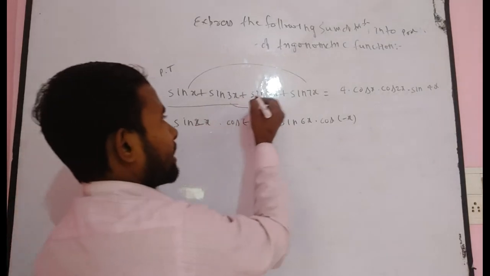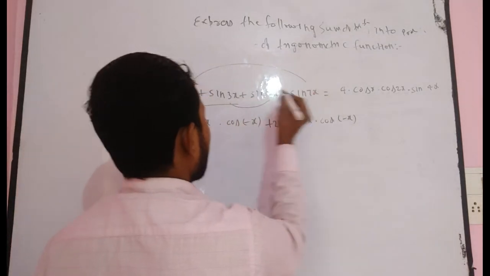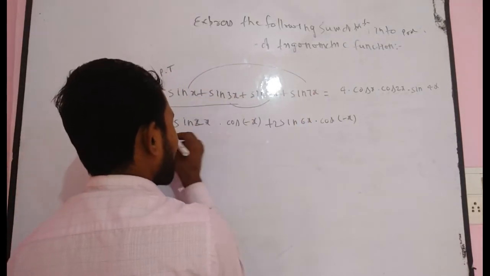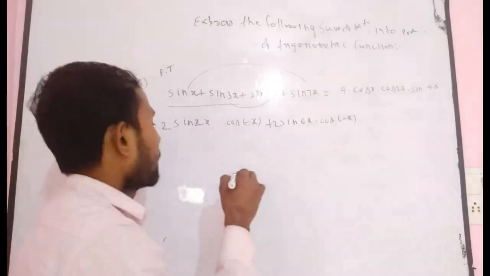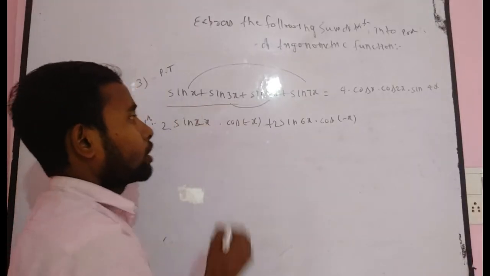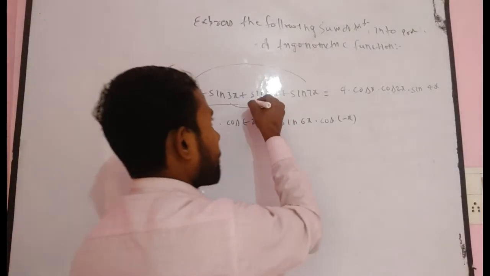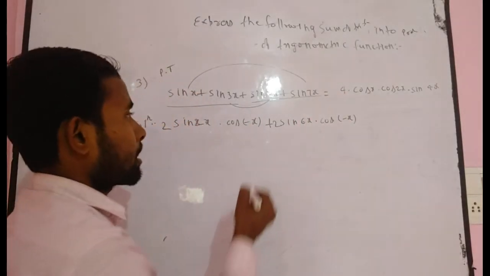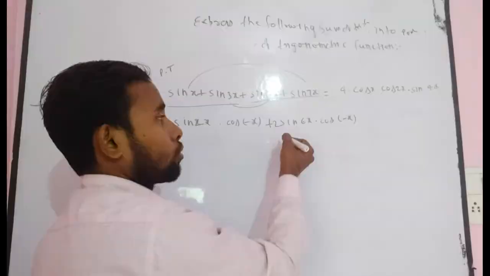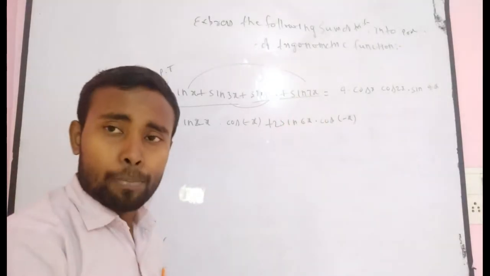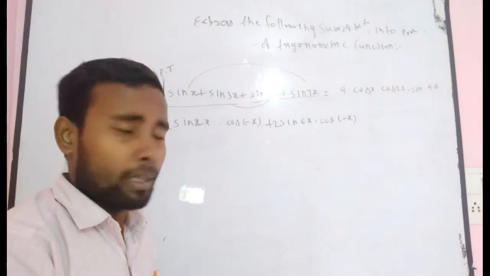sin x plus sin 3x plus sin 5x plus sin 7x. Here sin x plus sin 3x can be written as 2 sin c plus d by 2 into cos c minus d by 2. And similarly, the other terms can be written as sin c plus sin d is equal to 2 sin c plus d by 2 into cos c minus d by 2.